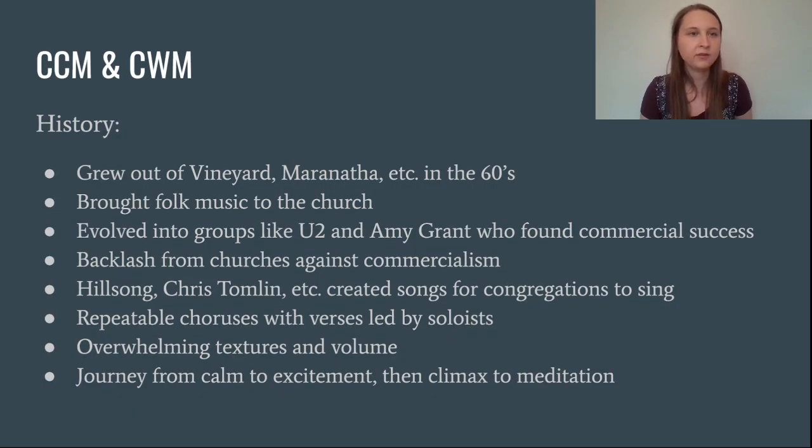Some history of these genres. Contemporary Christian music came out of the 60s when certain artists and publishing houses such as Vineyard and Maranatha Music were bringing folk music into the church.